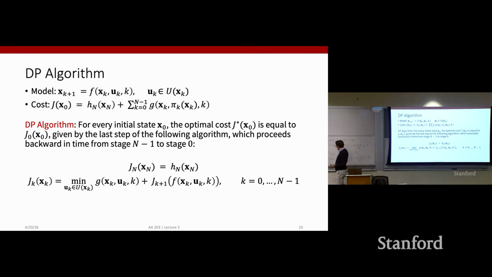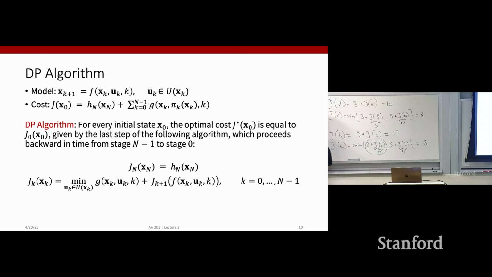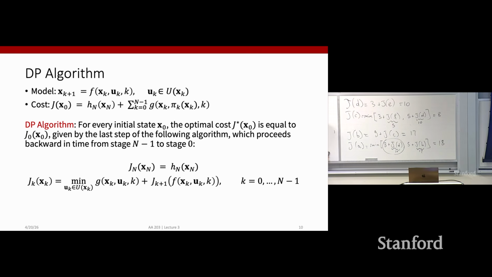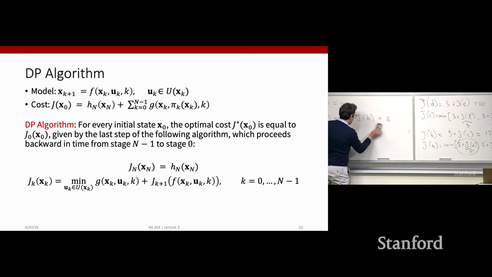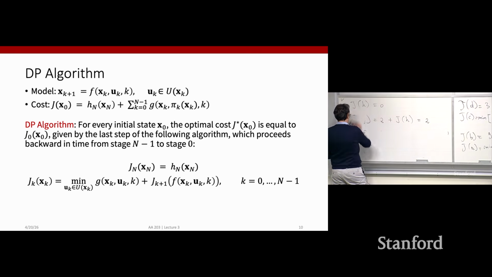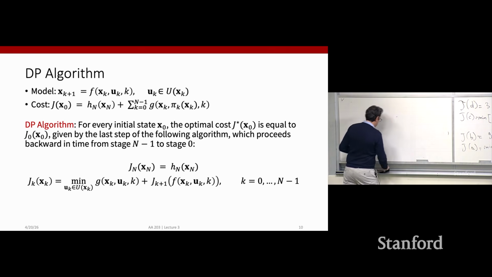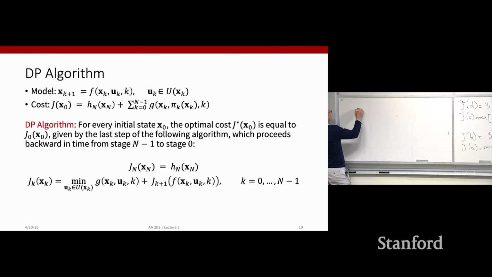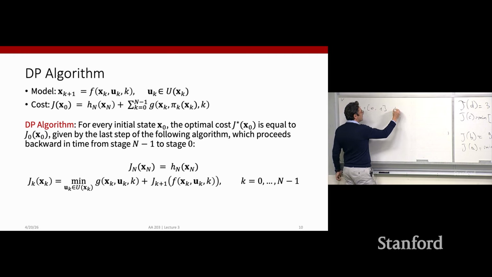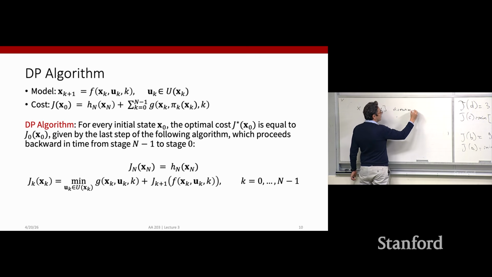Let me clarify this a little bit. So say that your state is one-dimensional, belongs to the interval 0, 1, and you are discretizing with a 0.1 step.